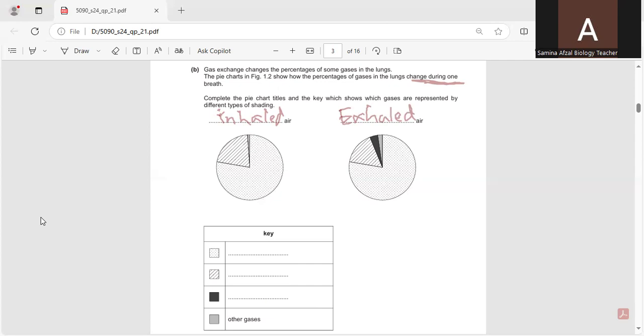In the inhaled air or the exhaled air, the largest amount of the gas is nitrogen, which is 79% in both inhaled and exhaled gases. And next to nitrogen is oxygen.